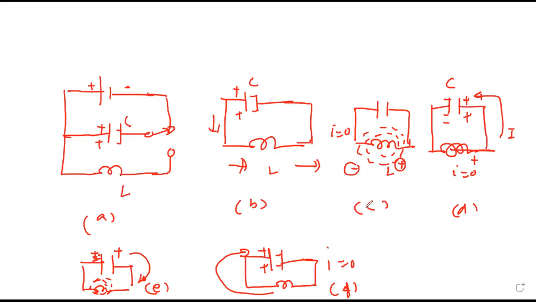As soon as condenser becomes maximum charge in opposite direction, again it will start discharging current in the coil, which will again gain magnetic flux, and the condenser will become zero. When condenser becomes zero, again inductor becomes maximum and supplies current in opposite direction.